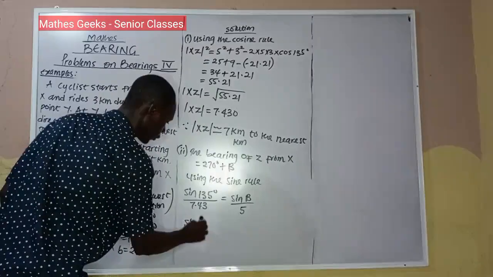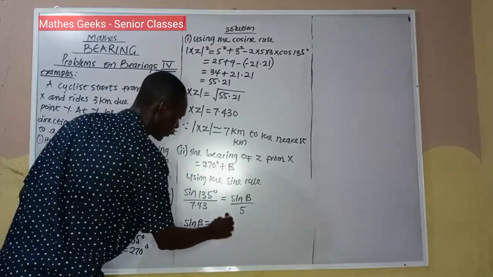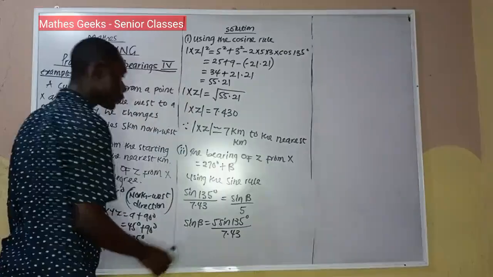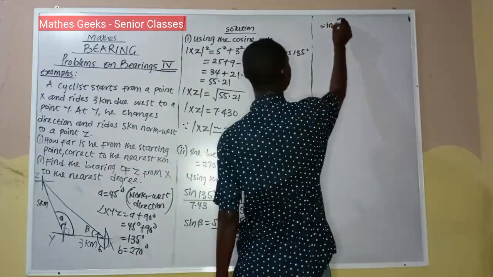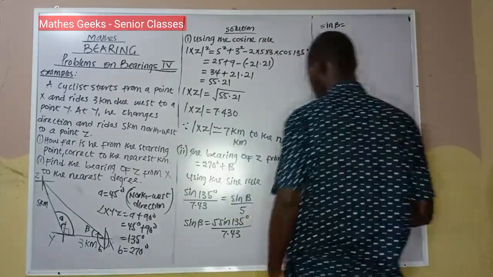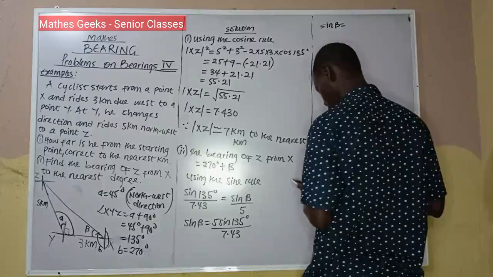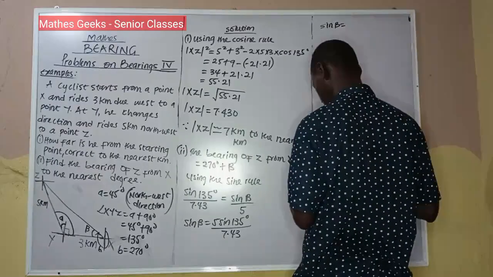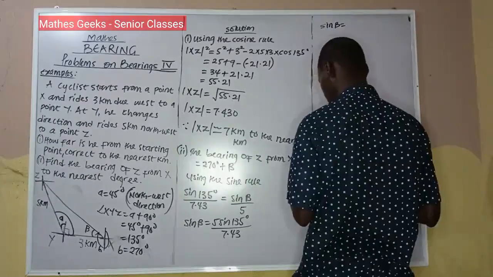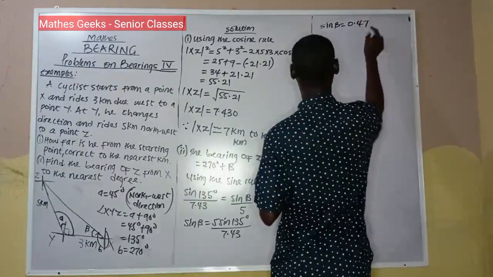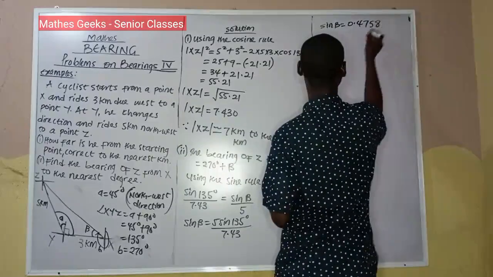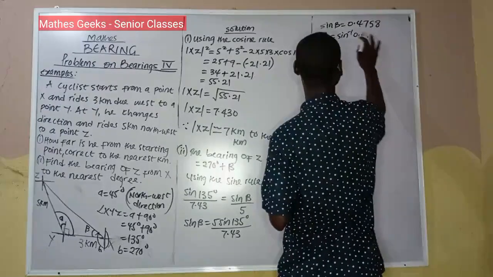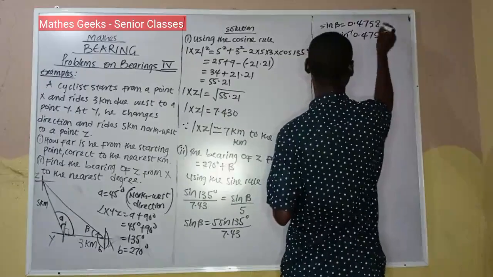So sine beta is equal to 5 sine 135 divided by 7.42, which is 0.4758.